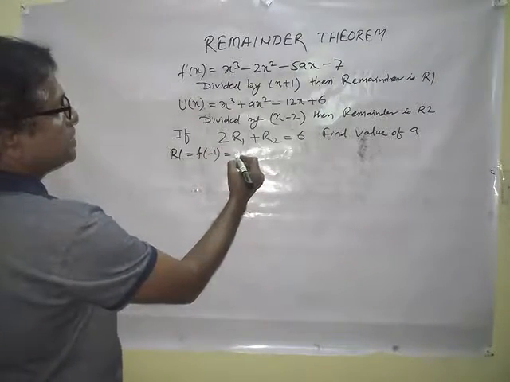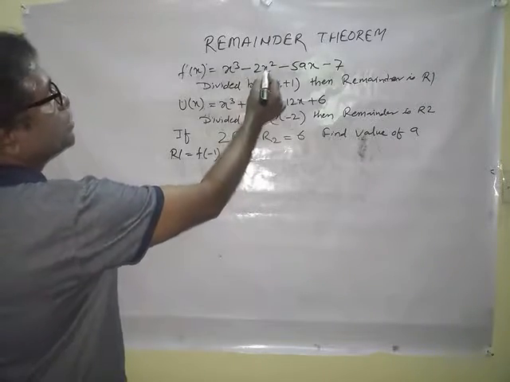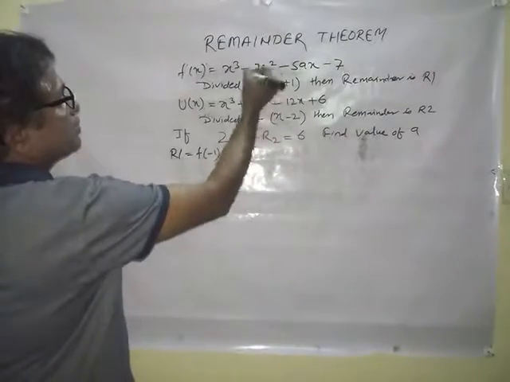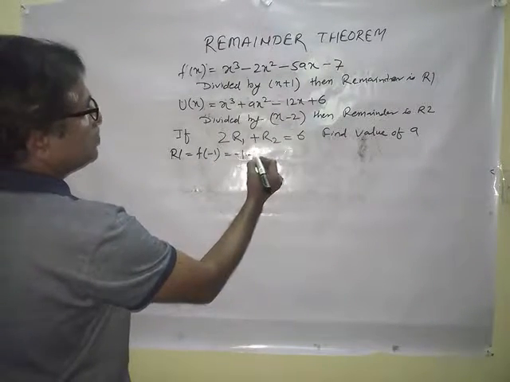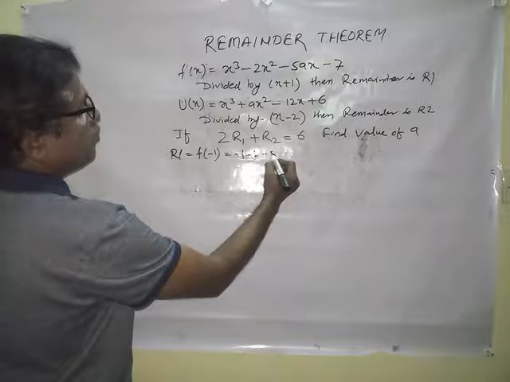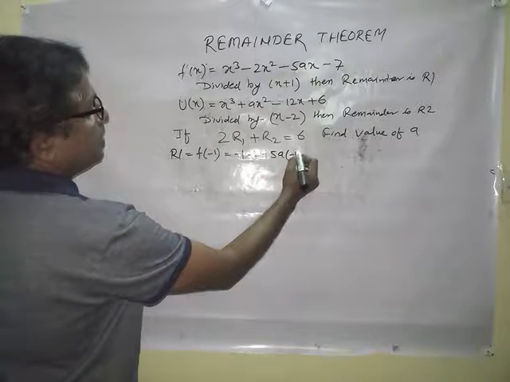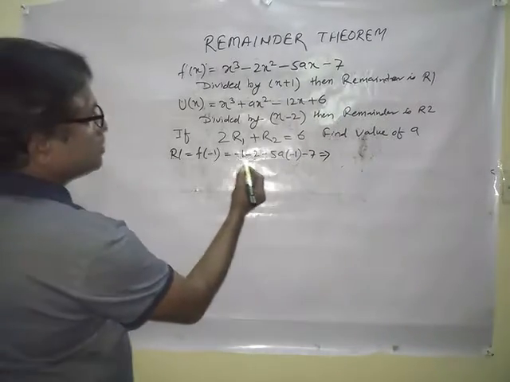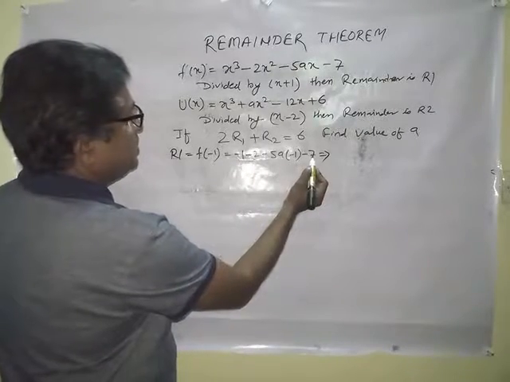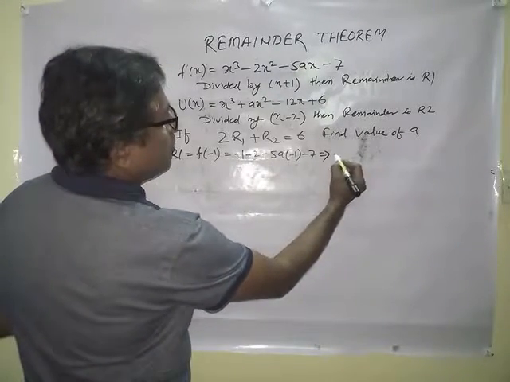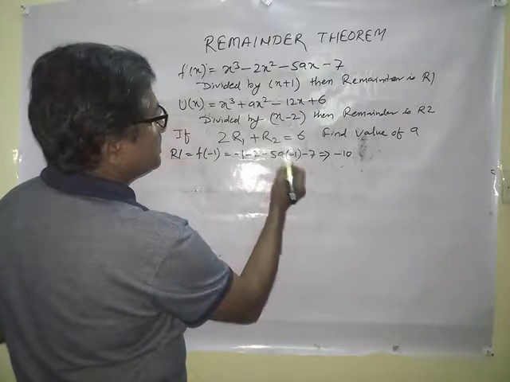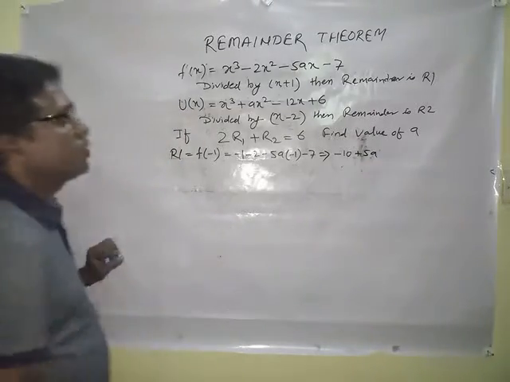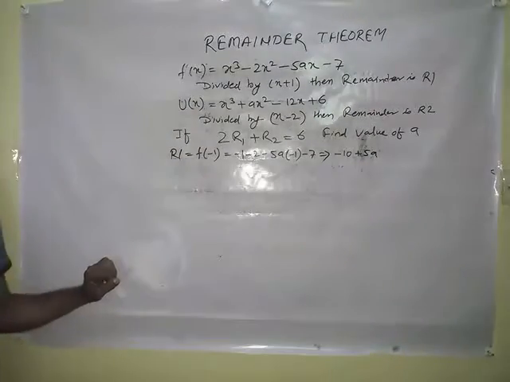Minus 1 cube is minus 1, minus 2 into minus 1 square, minus 1 square is equal to plus 1, minus 2, this will be minus 2, minus 5a minus 1 minus 7 equal to minus 2 minus 1 minus 3, minus 3 minus 7 minus 10, and this minus minus will become plus, plus 5a, or you can write 5a minus 10, all same.